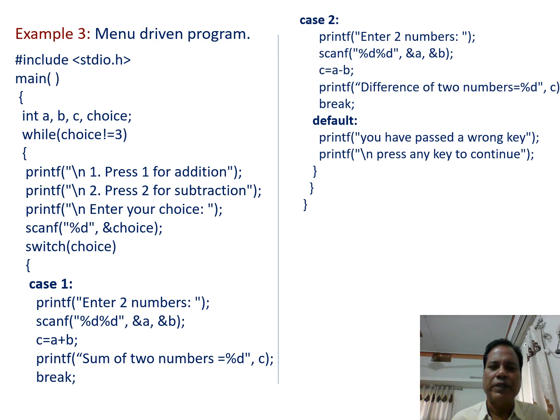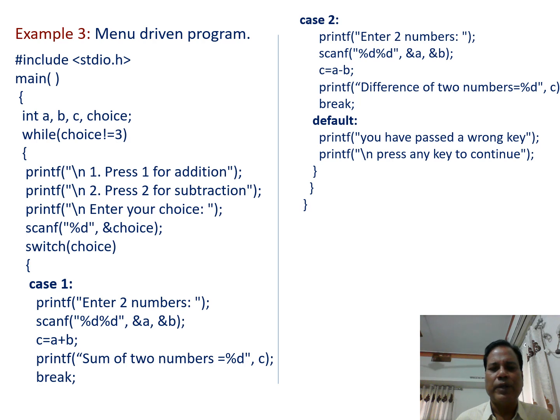Case 1 is matched, and then the code in this case block is executed. Here we have printf enter two numbers. When we enter the two numbers, those numbers are stored in the variables a and b. The next statement is c equal to a plus b semicolon: add these two numbers and store the sum in the variable c.